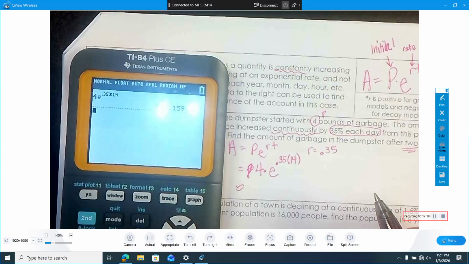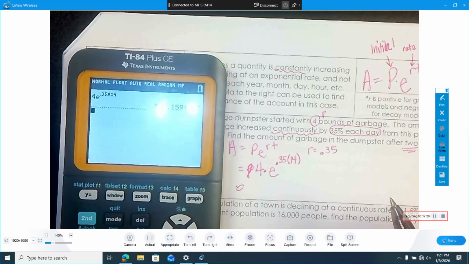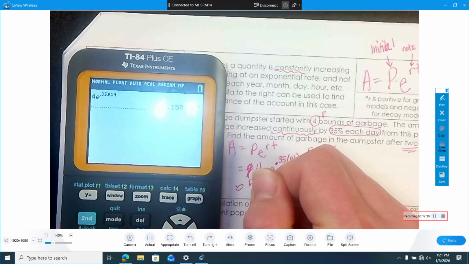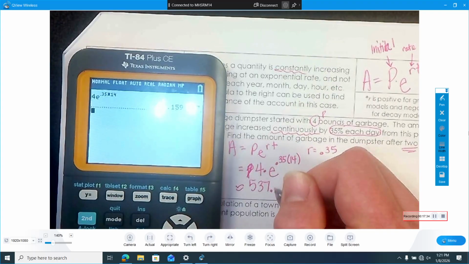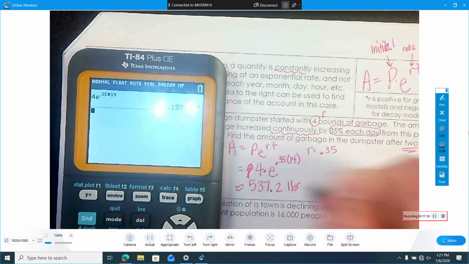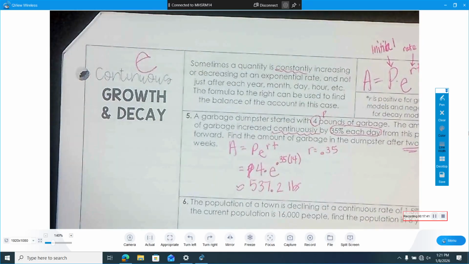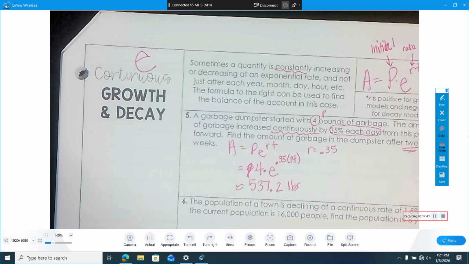The rate takes care of itself. So we get 537 point, I don't know, 2 pounds.